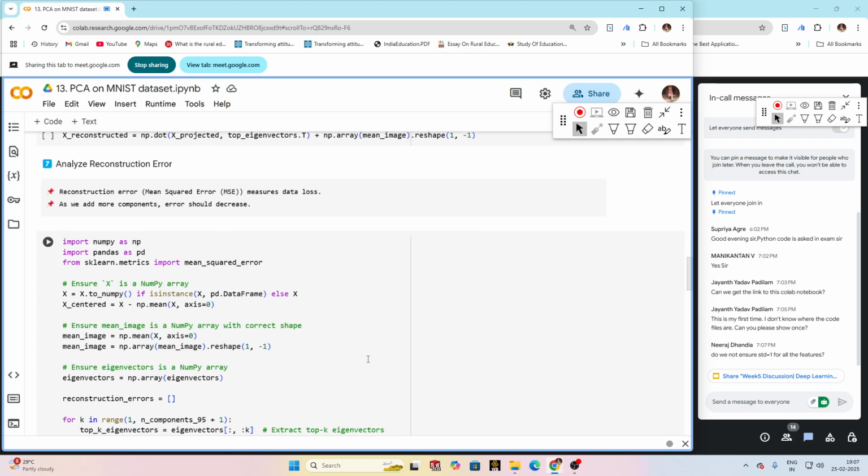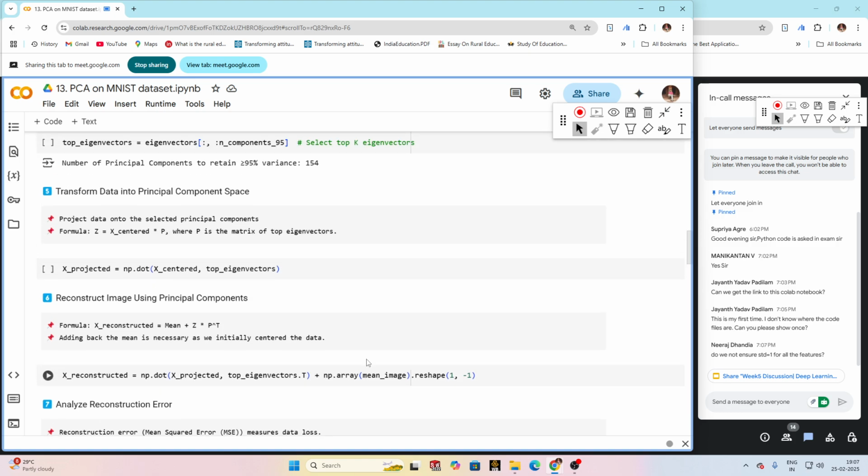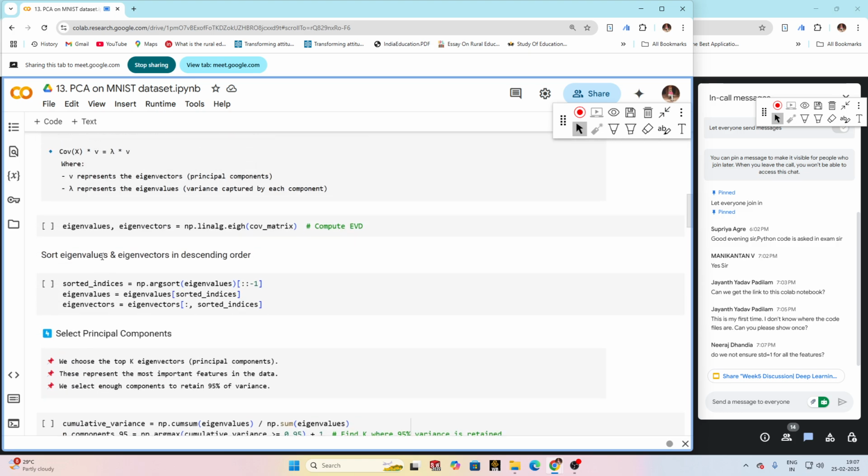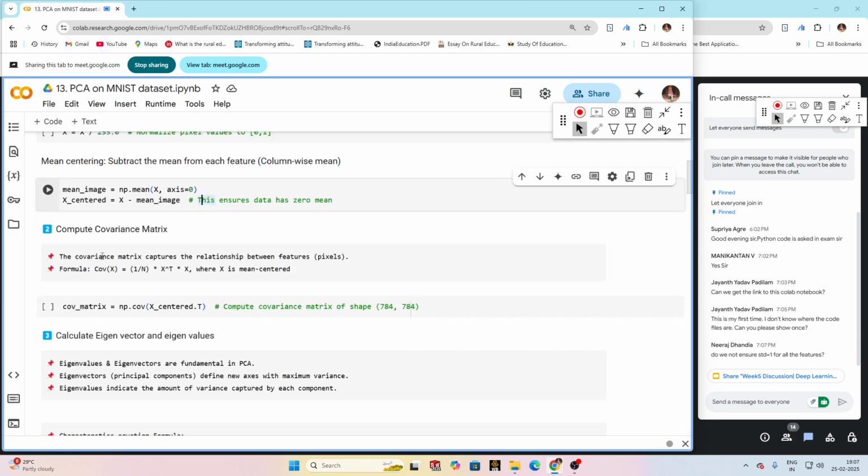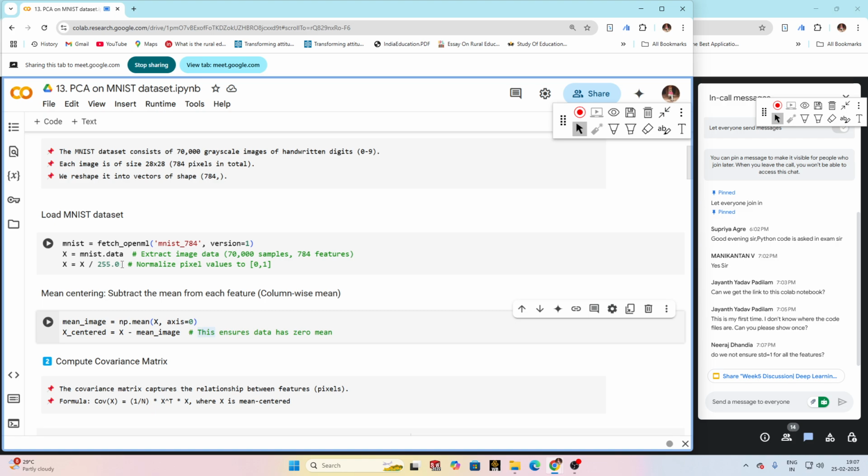Okay, some people are new here, I think. Do we need the standard deviation equal to 1 for all features? As we are doing this step, where we are standardizing or normalizing the data, we don't need to ensure the standard deviation equals 1, because we have already done this step.